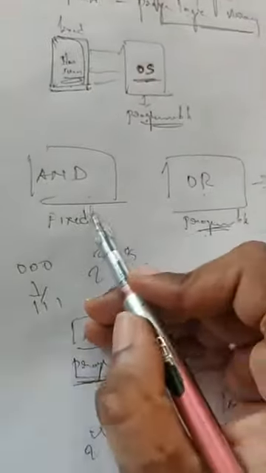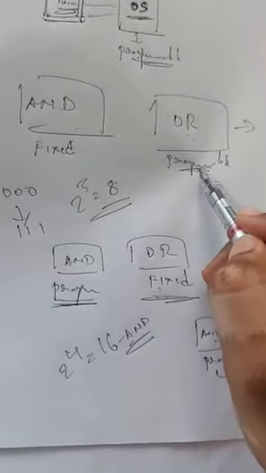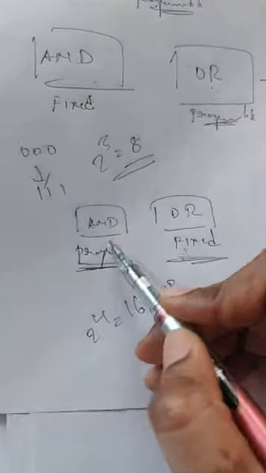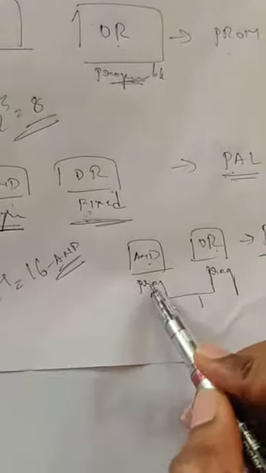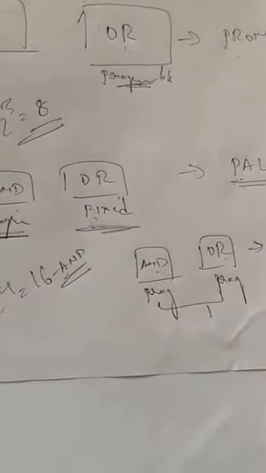PROM refers to AND array fixed, OR array programmable. PAL, programmable array logic: AND array programmable, OR array fixed. When it comes to PLA, both AND array and OR array are programmable. Nothing is fixed here. We are supposed to make the changes with respect to AND array as well as OR array.